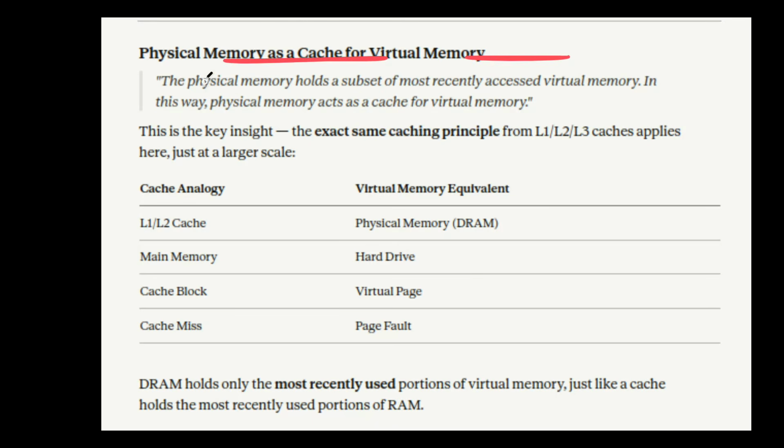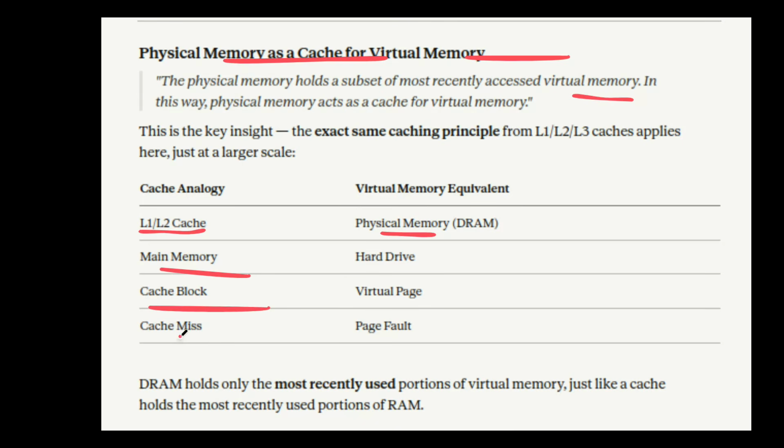We discussed what cache is and how it is related to main memory. Now one important thing is that physical memory holds just a subset of the most recently used virtual memory, just like a cache. Physical memory is the cache to virtual memory. The equivalent of L1 and L2 cache is physical memory, and for main memory acting as a cache, the virtual memory equivalent is the hard drive.